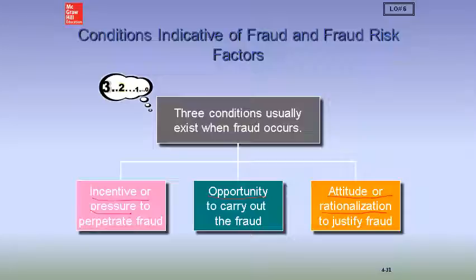Incentive and pressure. Let's just use an example. If I am able to show an increase in net income, I'm going to get a bonus. This is incentive that could cause the company to engage in financial reporting fraud. Pressure: if I don't show an increase in income, I'm going to get fired. This could cause the company to engage in financial reporting fraud.